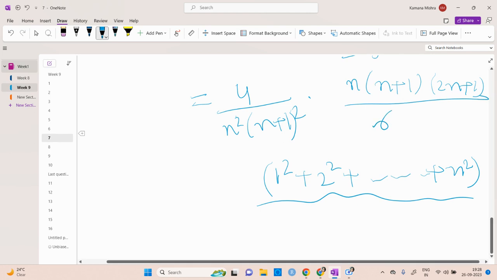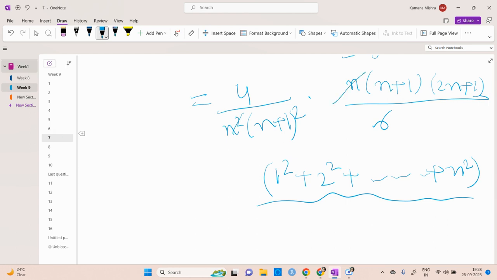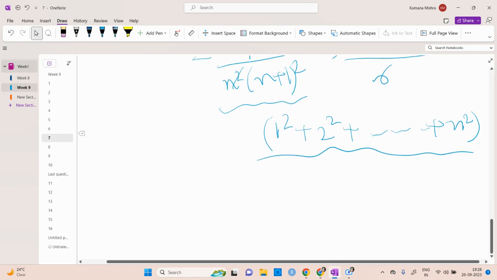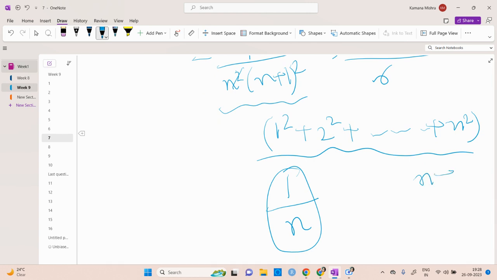So it will be cancelled out. Basically, here we have n to the power 4 terms and here we have n cubed terms, right? So it will always happen that one n will be in the denominator. So if you have something like 1 upon n, as n tends to infinity, this goes to 0, right?